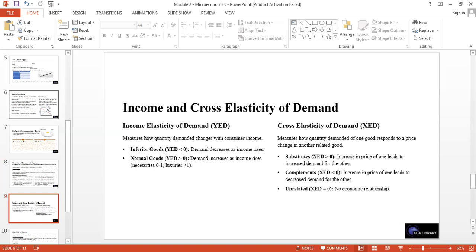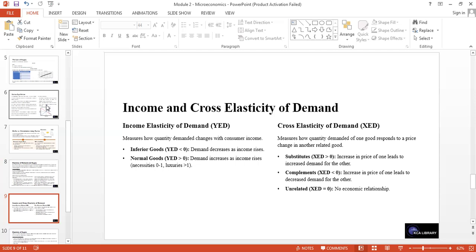We have the cross elasticity of demand, which is the final one for elasticity of demand, and it measures how the quantity demanded of one good responds to a price change in another related good. For this, we have the substitute, the complement, and the unrelated.